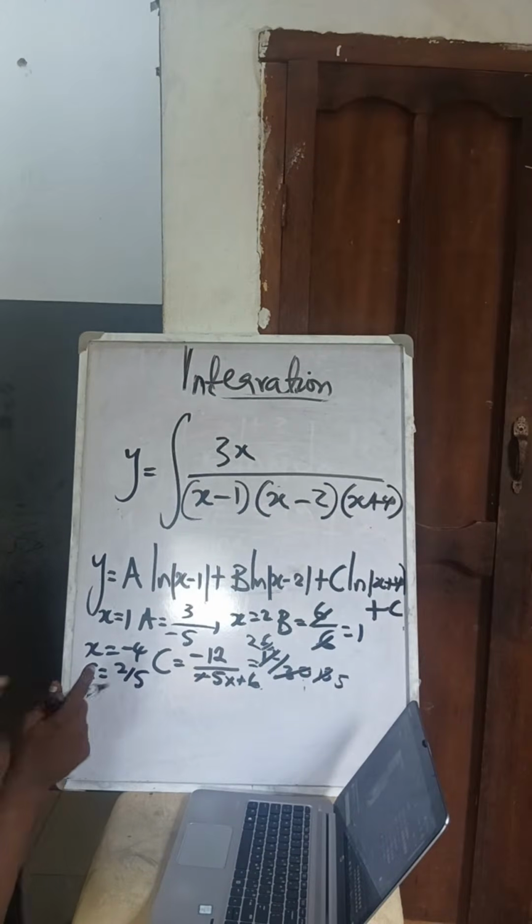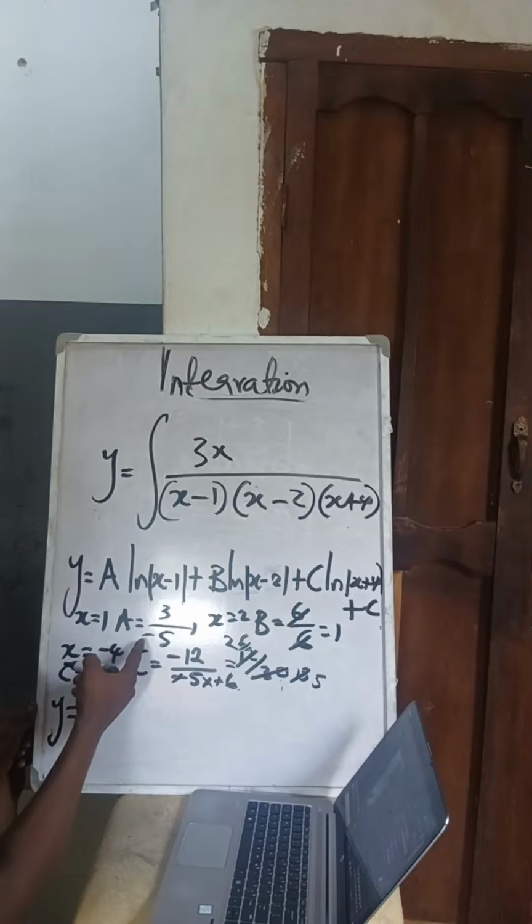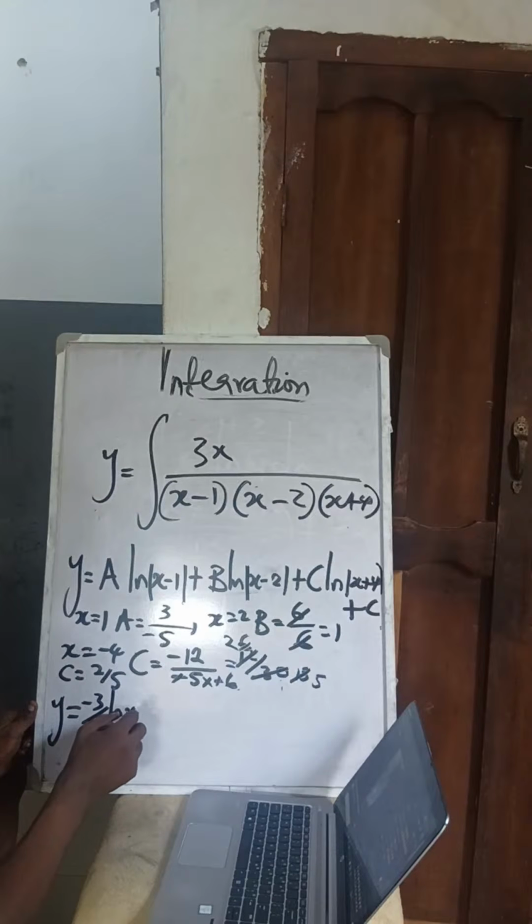Do you know that we will now say y, this is going to be our final answer, is equal to, this is 3 over minus 5. So you have minus 3 over 5 times (x minus 1). Then what is B? B is 1.